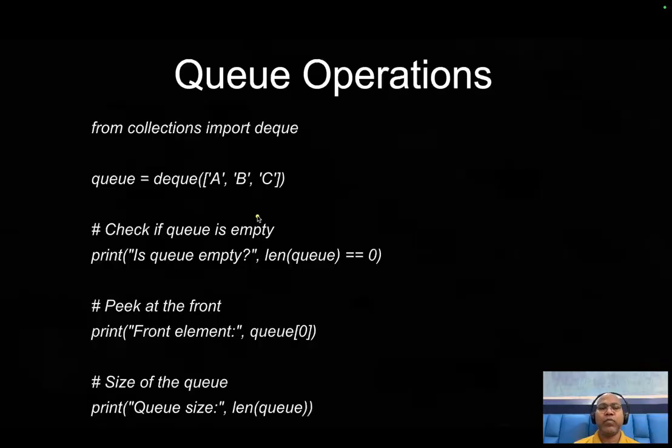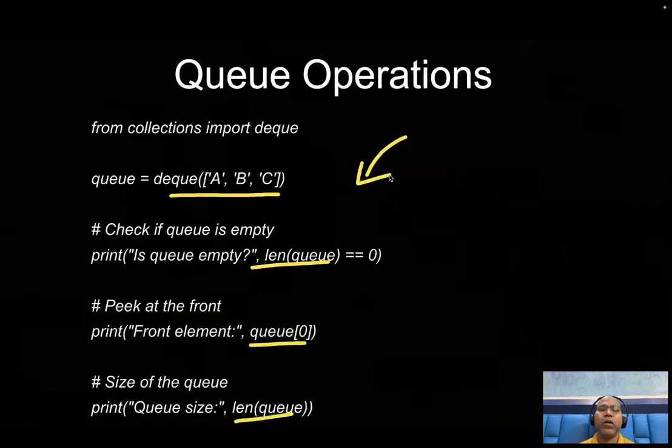Similarly, if you want to perform more operations from the deque, like checking the length, you can use len. This is the simplest approach. All the operations of the queue you can get from this existing inbuilt library.